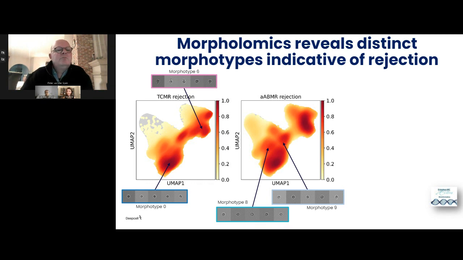In the T-cell-mediated rejection, it says morphotype number 6. We are going to disclose something very interesting here. We found Mickey Mouse cells. We named them Mickey Mouse because if you look very carefully, these cells always have 2 ears. We have no clue what it means. We never saw them before, but the computer separates those out.